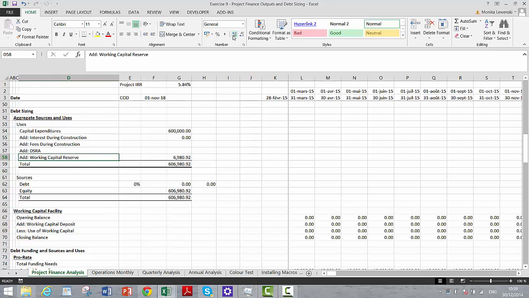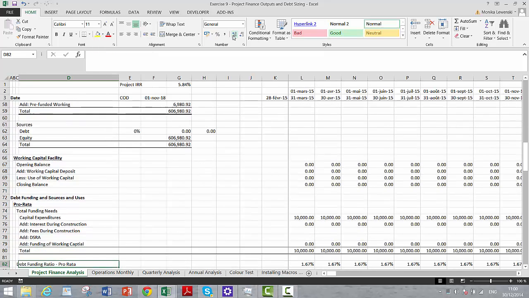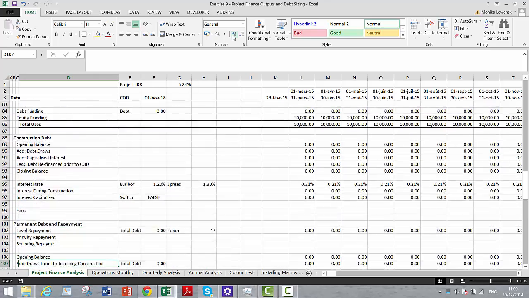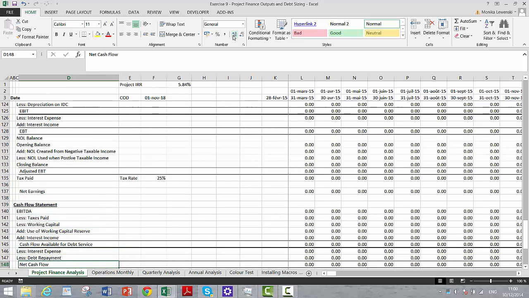I could call that pre-funded working capital, because after we start the project, we're not going to receive any revenues. We're going to have to make some expenses, and we're certainly going to have to pay some interest and debt repayment. And if we have all that big working capital, it's going to cause a problem.